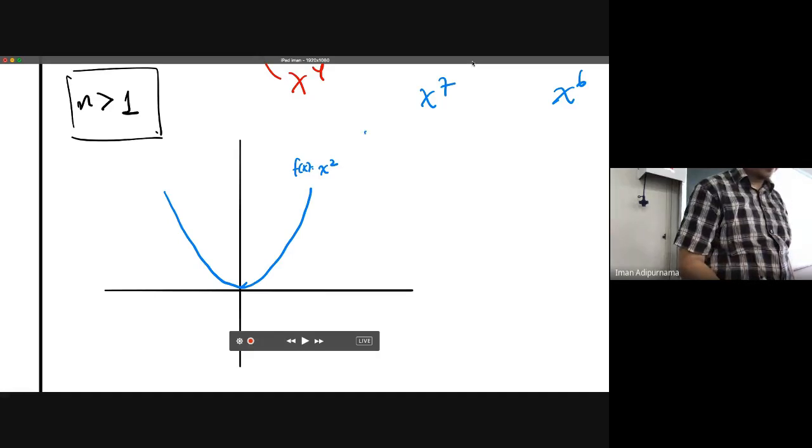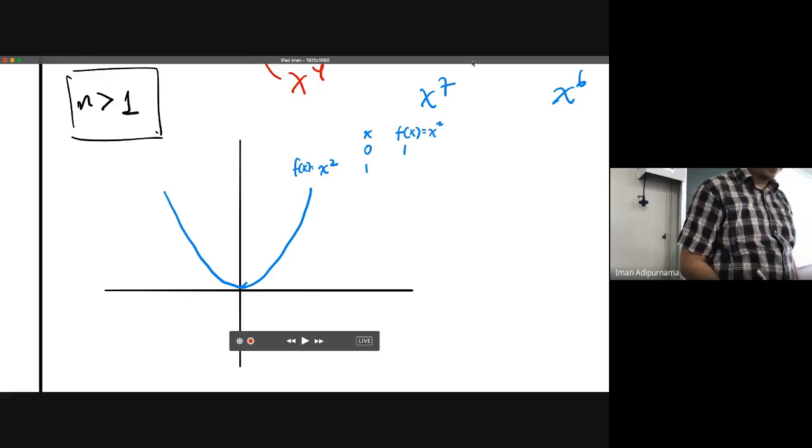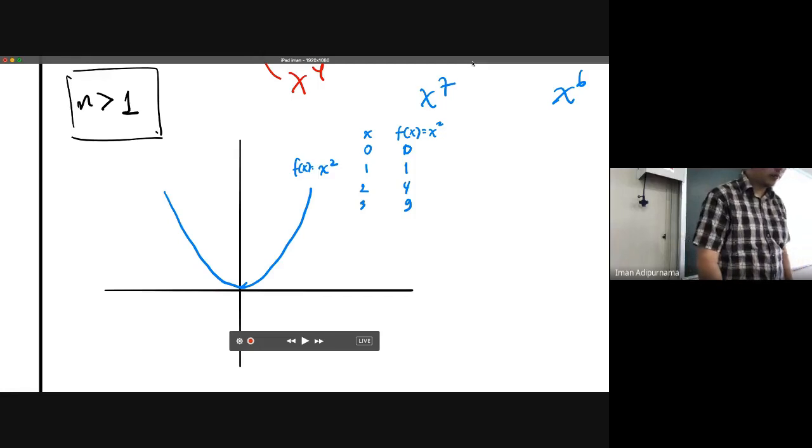For x squared, let's just say we have a table here: 0, 1. If 1 is still 1, if 2 is 4, if 3 is 9, right?